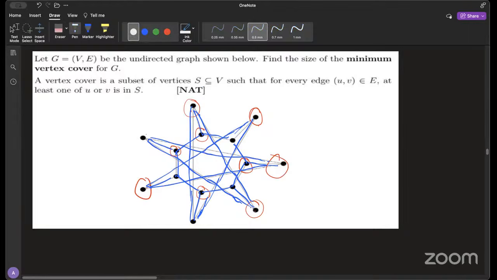This is 1, 2, 3, 4, 5, 6, 7, 8. Are we left with any more edges? Ma'am, 9. Okay, it's not 8, it's 9, I guess. 1, 2, 3, 4, 5, 6, 7, 8, 9. Yeah, these are 9 in number. Right.